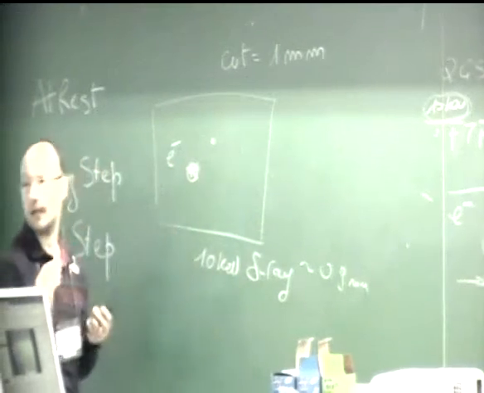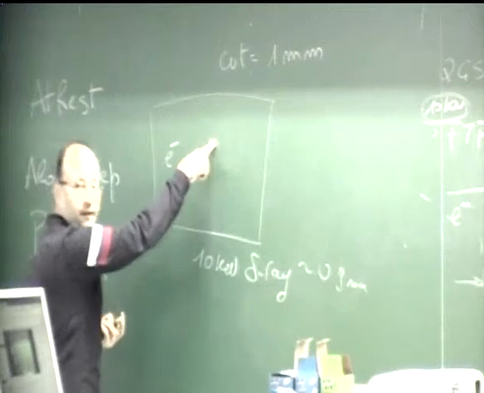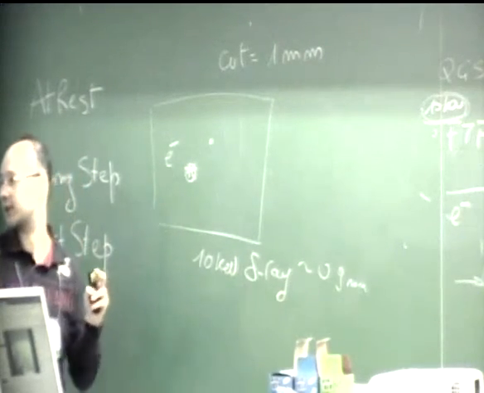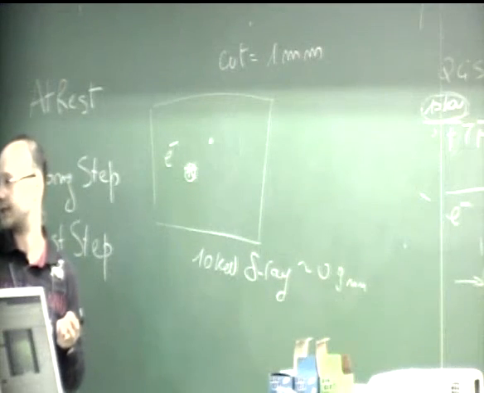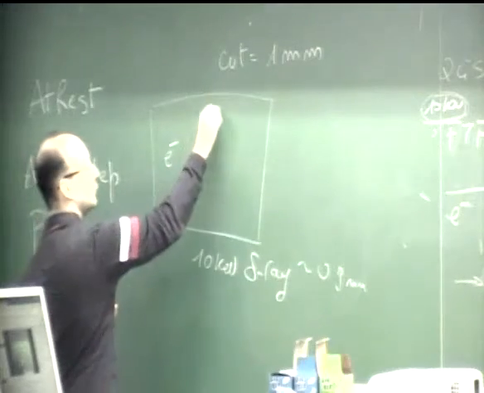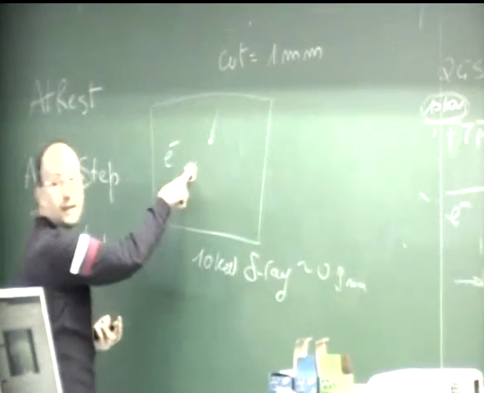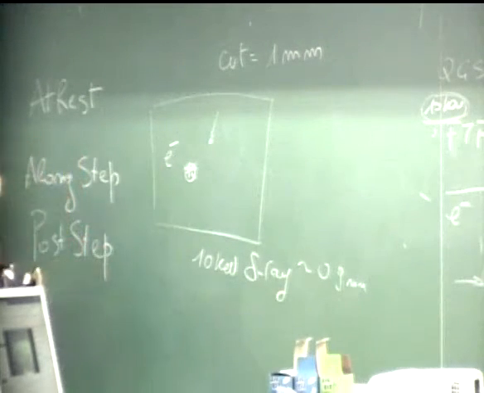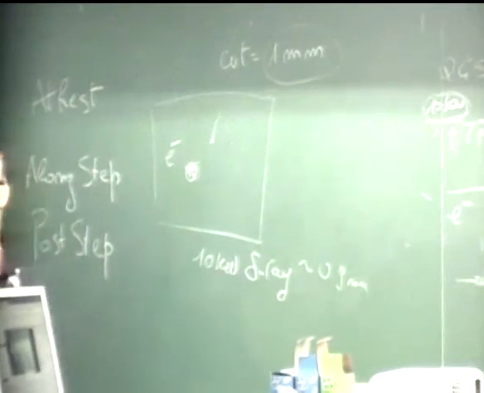This means that you make a little mistake, because the energy which in reality is released here, you assign to this point. So you make a mistake of 0.9 millimeter in where the energy is. In reality it would be here. Since this is below the cut, the energy is attached to this point. So you make a mistake of where the energy is released, but the mistake is at the 1 millimeter scale.